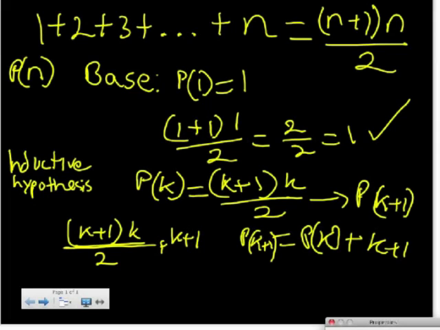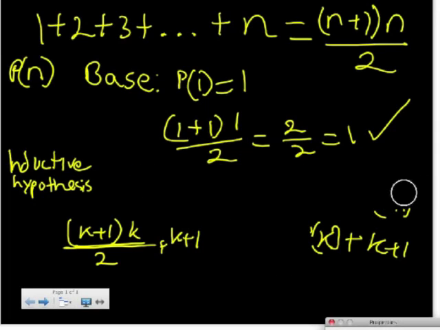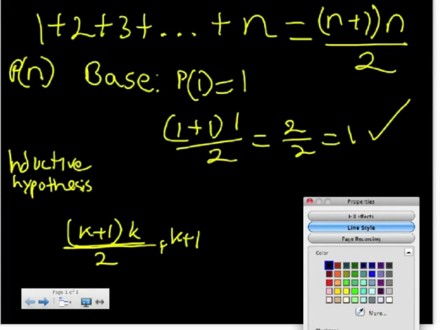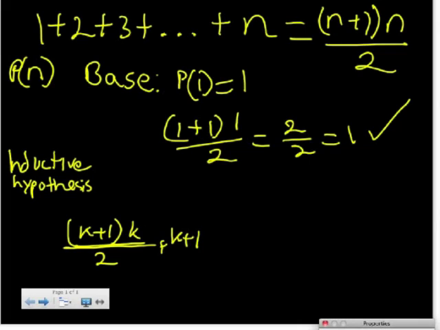And so that would get me P of k plus 1. Let me erase some of this so we have more space. Alright, so now we're going to do a little bit of math here.